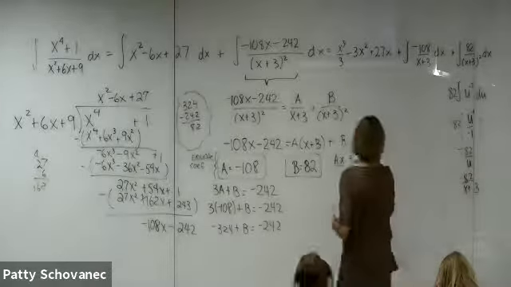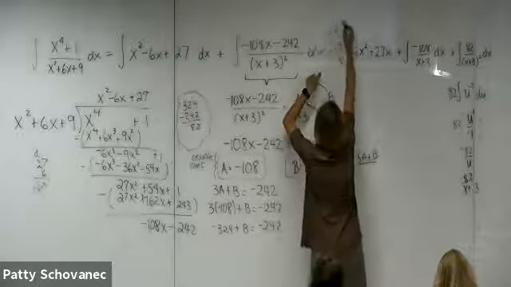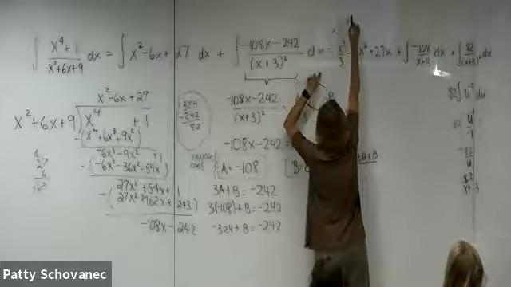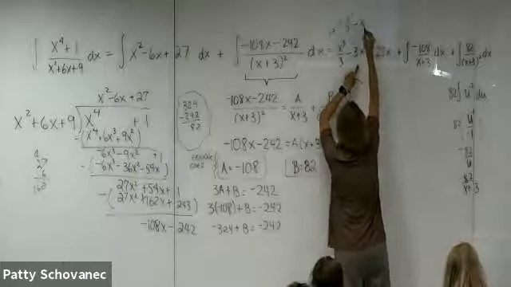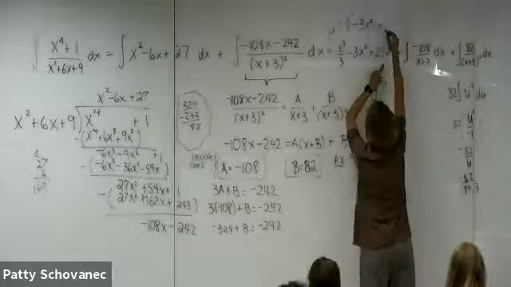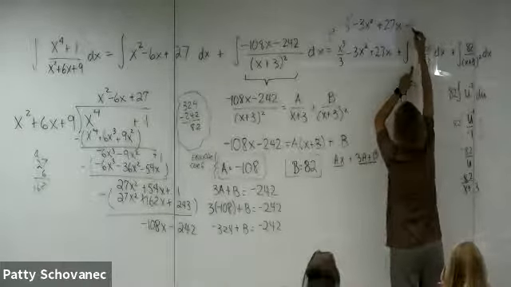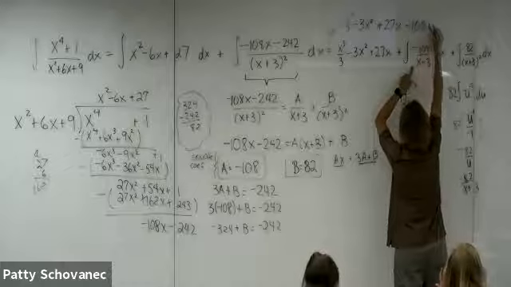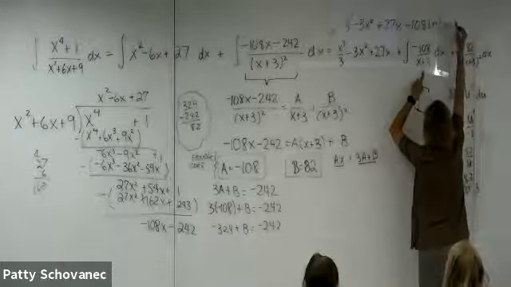So our final answer, I'll write it above it. x cubed over 3 minus 3x squared plus 27x minus 108 times the natural log of the absolute value of x plus 3.